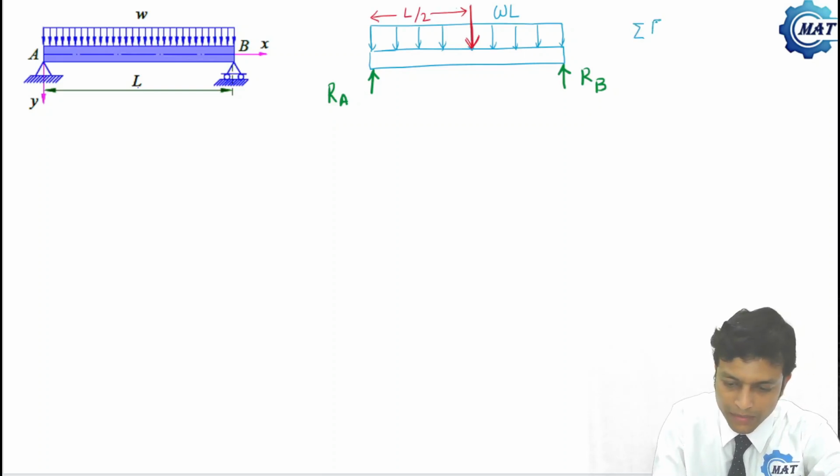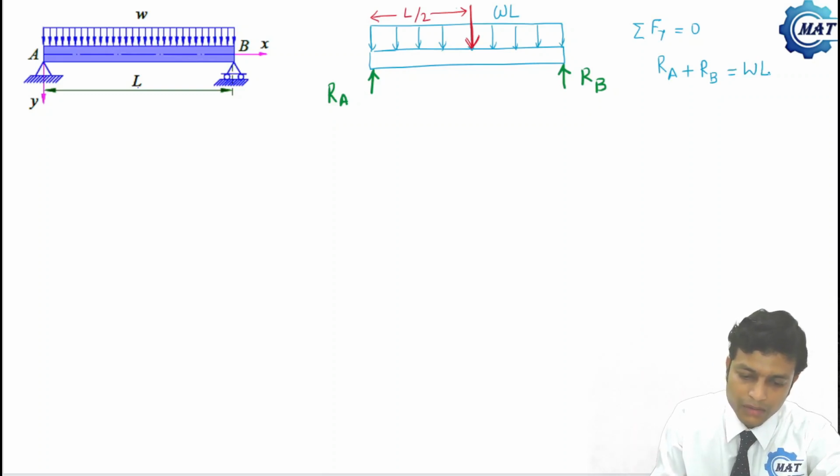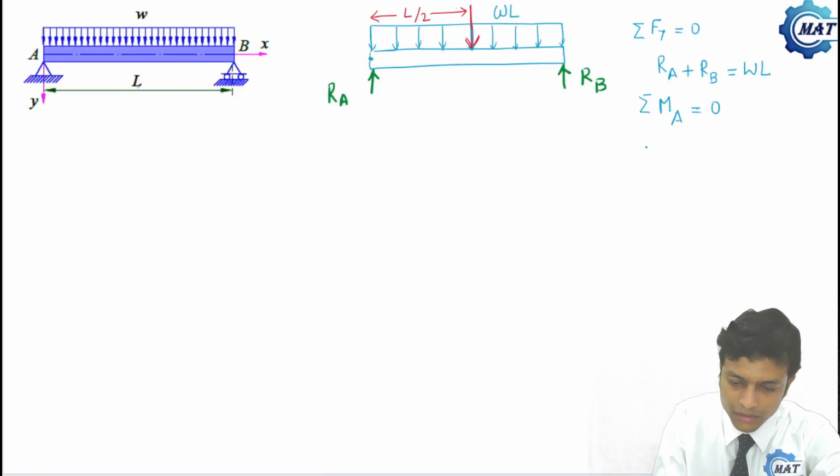If we apply sum of Fy is 0, then RA plus RB is equal to wL. Now let us apply moment about A is 0. This is point A. So RB into L minus wL into L by 2 is 0.